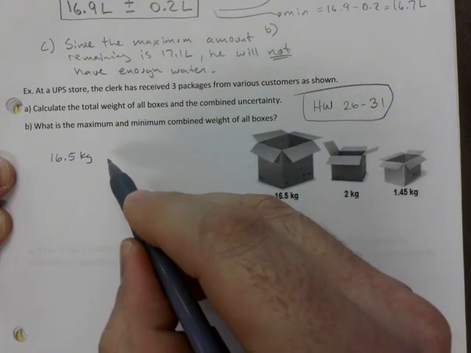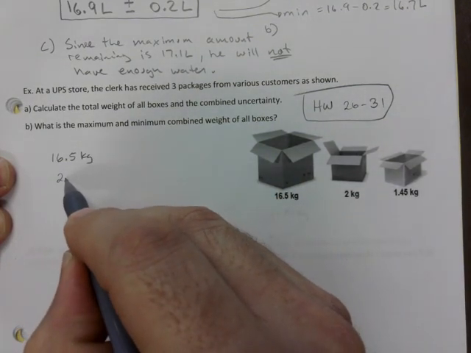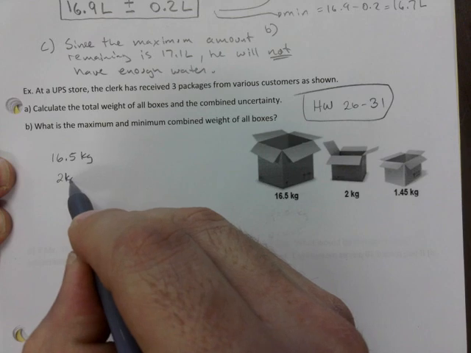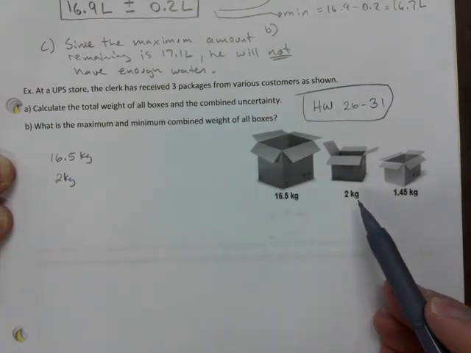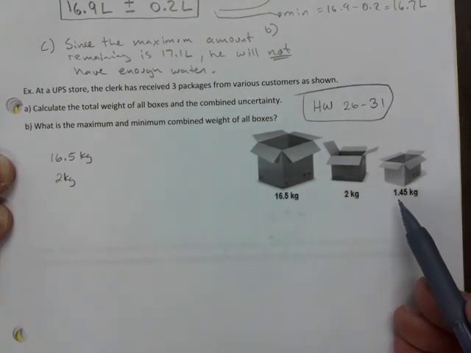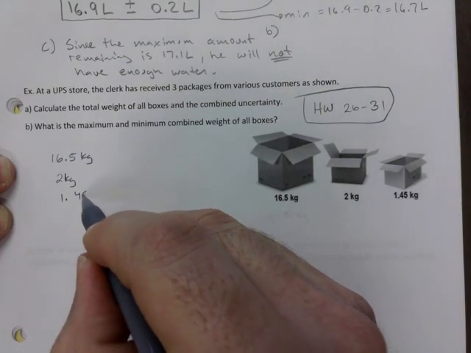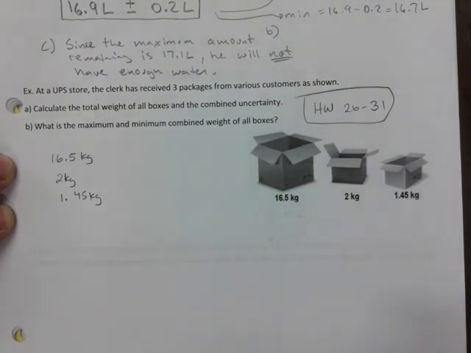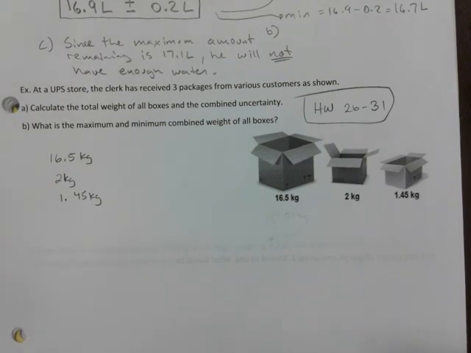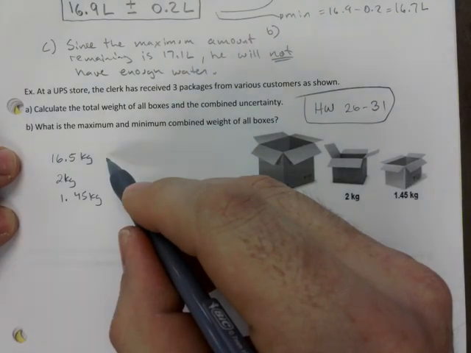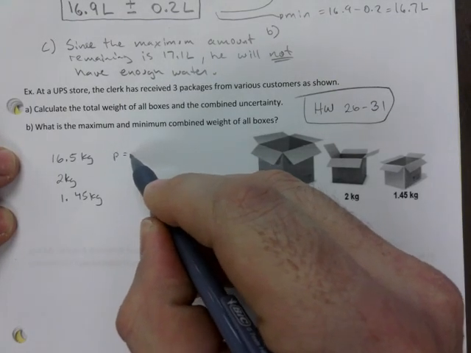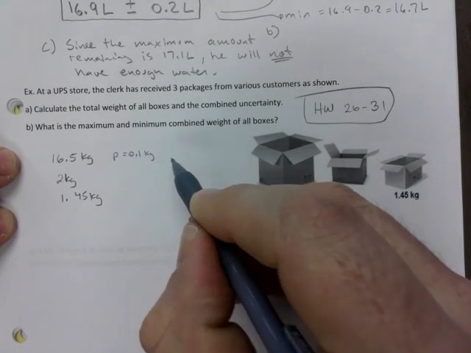Right, so we take this box, we take that other box, and it's very important to not add anything that isn't there. So it's 2 kilograms, and then the third box is 1.45 kilograms. So right off the top, you can tell that they all have different precisions, which means they will all have different uncertainties, right? So the precision is 0.1 of a kilogram.